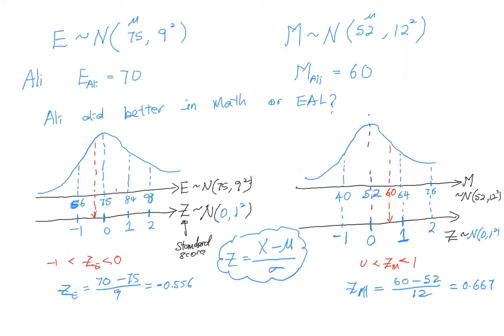I can count the probability of how many people perform better than Ali in EAL. Can you please count the probability? Percentage of people who perform better than Ali. Then the percentage of people in the group who perform better than Ali in math. If fewer people perform better than Ali, that means Ali performed better in that subject. You use normal CDF.